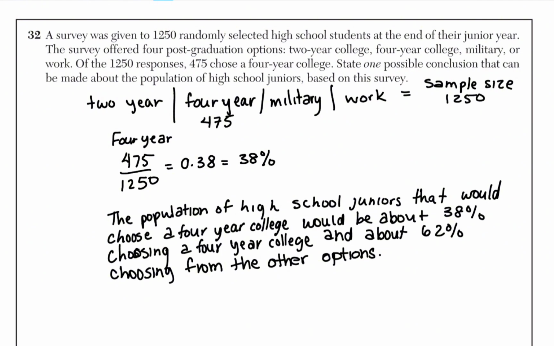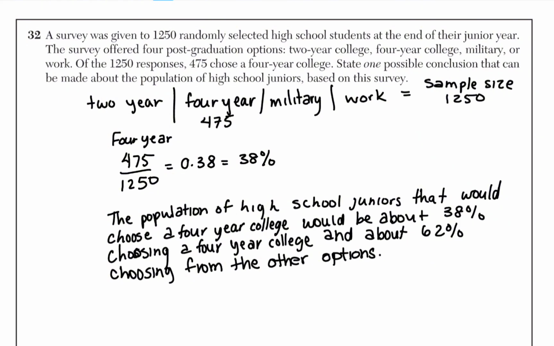Okay, so let's break down the conclusion that I made. We found out that the percentage of students in the 1,250 who would go to a 4-year college is 38%. This survey was given to 1,250 randomly selected high school students, and we need to make a possible conclusion about the population based on the survey. Because the sample is representative, we can conclude that the population of high school juniors that would choose a 4-year college would be about 38%.